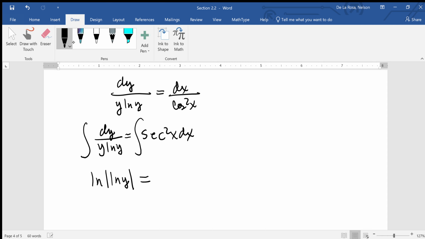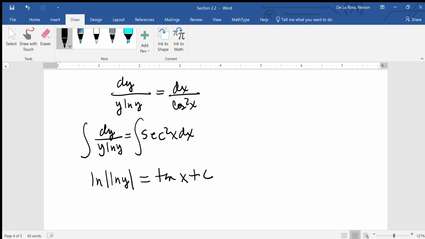The integral of secant square, we know, is tangent of x plus c. So this is our implicit solution.